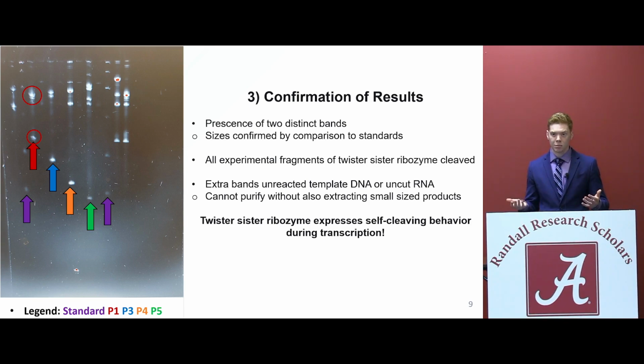I don't have the scale attached here, but there is a scale to tell you exactly the size of each band and how far it traveled. So for example, you could compare the two bands here to the bands on the standards, and if it is lower, you would know that it is larger, and if it's higher, it is smaller. From there, you can determine the exact sizes of the fragments on your gel.